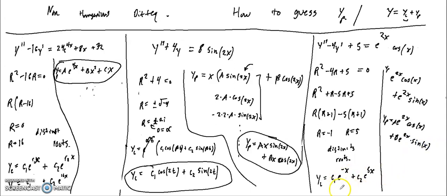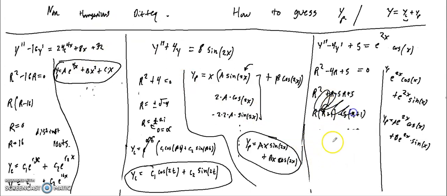Now, if this was a complex root problem, we'll just pretend something like that. Oh no, we have something like r equals plus or minus 3i. Then we'd get alpha equals 0.